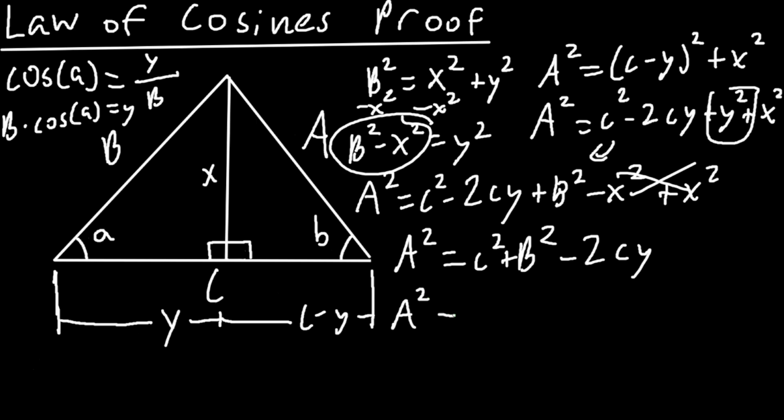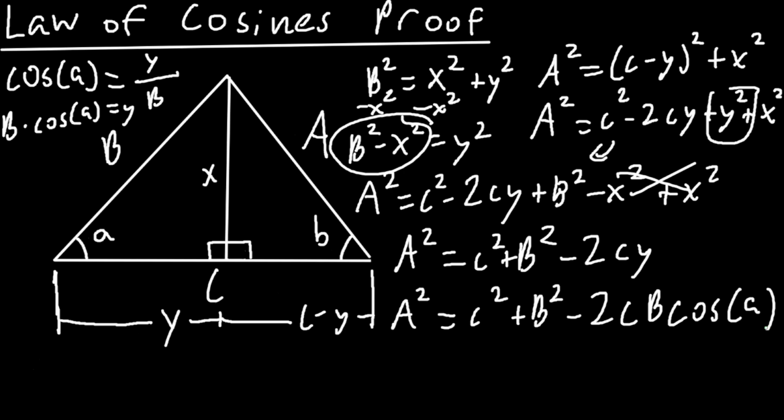So essentially now we know a squared is equal to c squared plus b squared minus 2c, and y over here is just this. So this is going to be times b times the cosine of A. And there you have it.